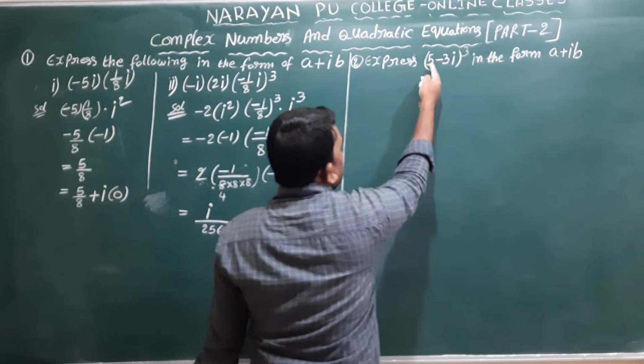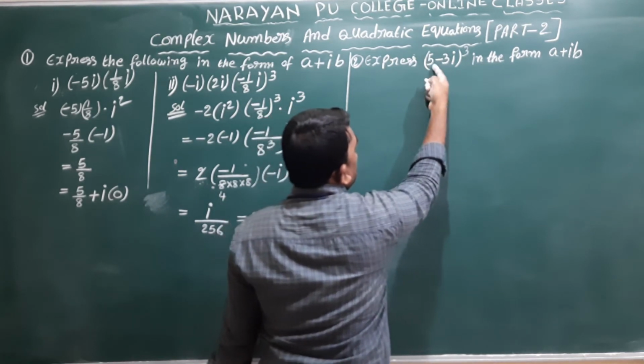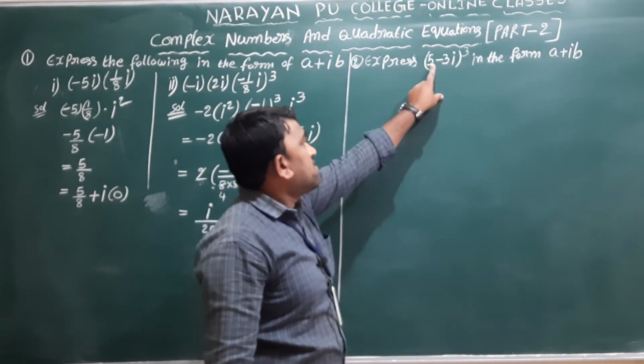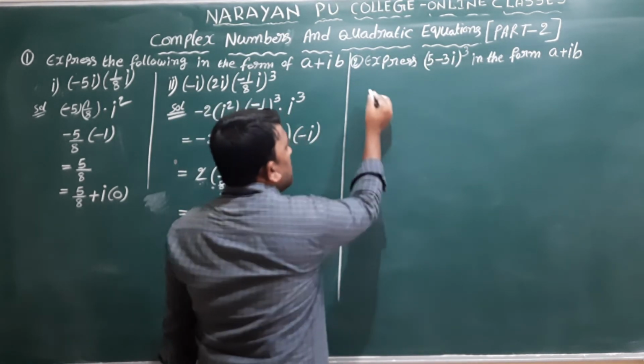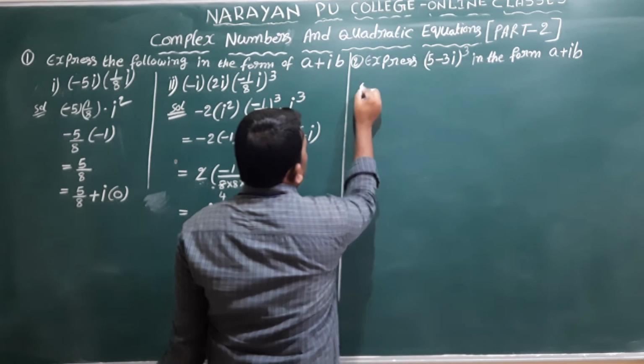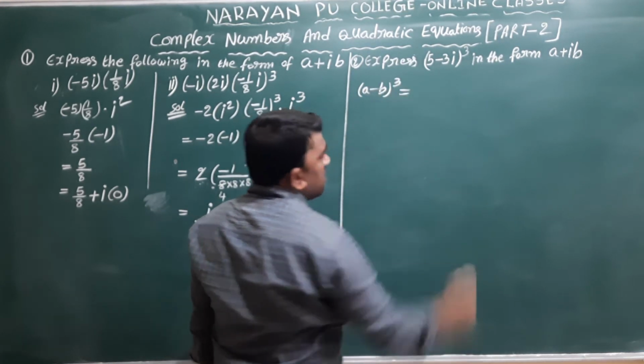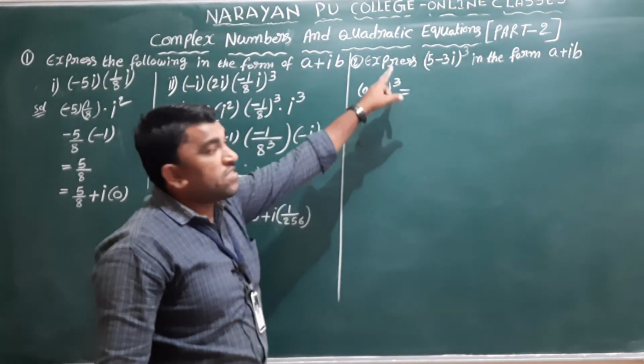Now clearly here it is like a minus b whole cube. If you take the complex numbers, a minus b whole cube form is there. In algebra we know the formula for a minus b whole cube.